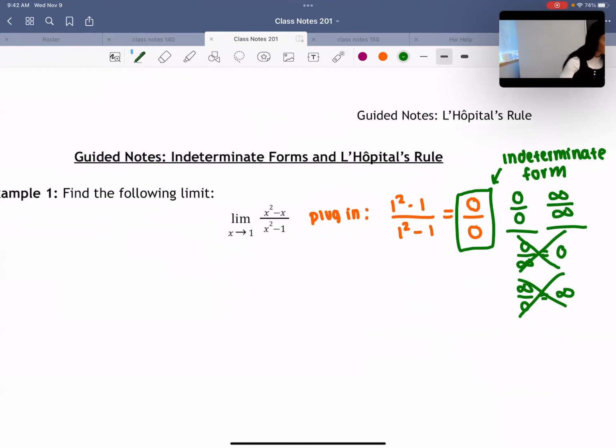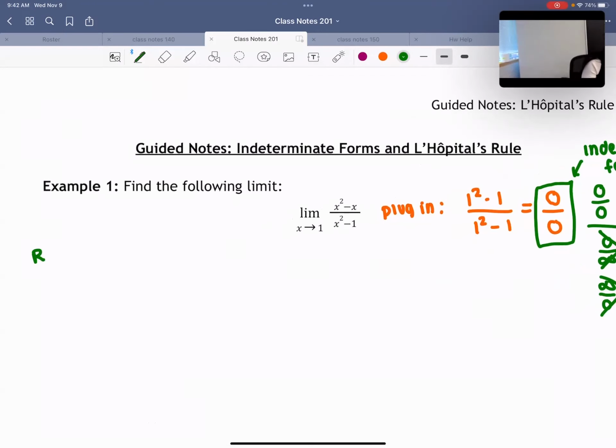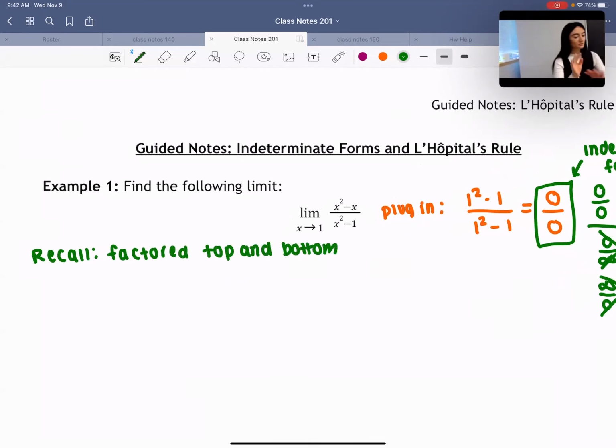Does anyone remember what we did to find this limit? We factored, right? We factored the top and the bottom. So let's just recall what we did here. I know this is stretching way back into things that we did a long time ago.